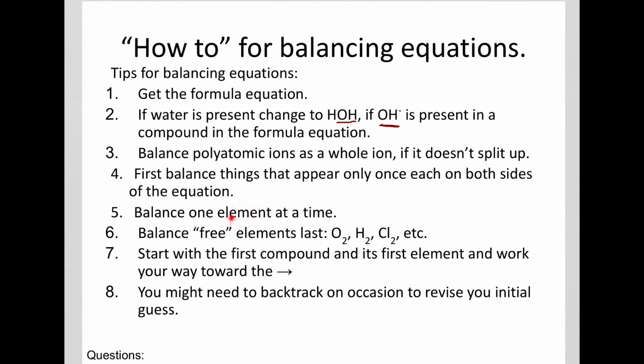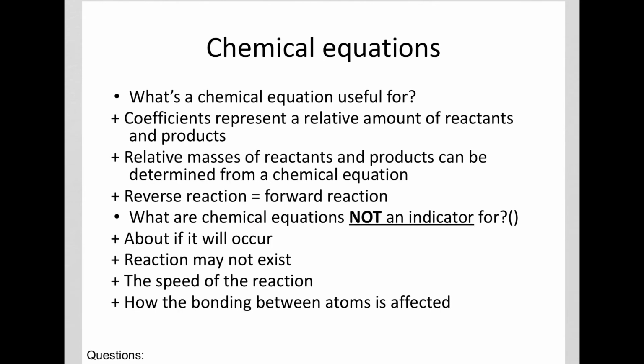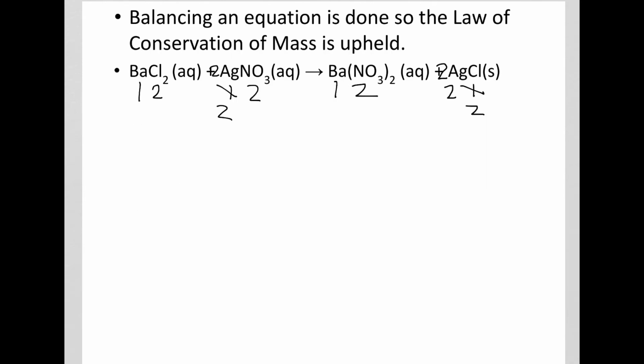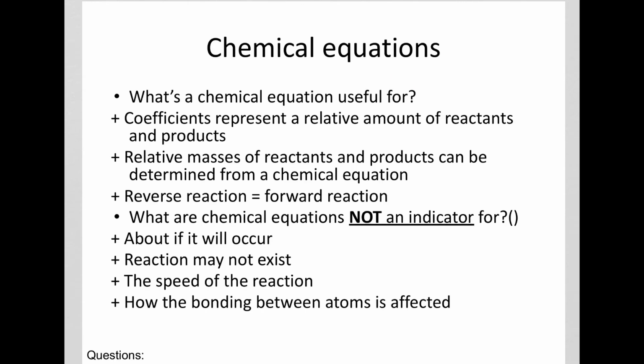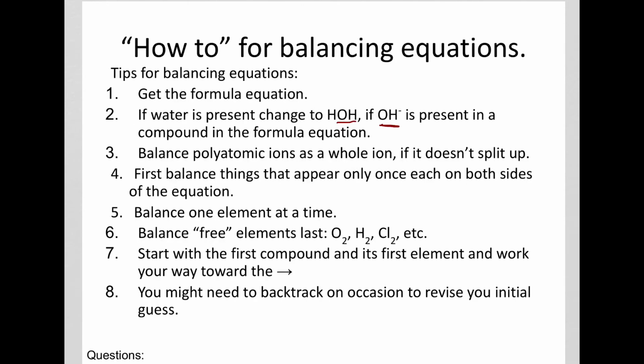Do one element at a time, like you saw me do back here, where I did one element. I kind of worked my way towards the arrow, did barium, then chlorine, and I worked my way towards the arrow. That's going to make it organized for yourself so you don't miss anything and circle back.